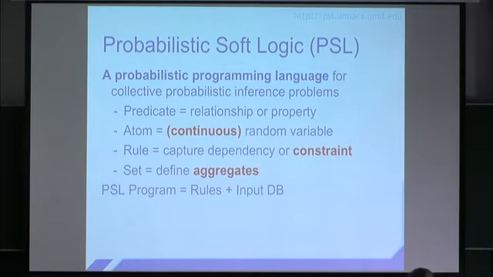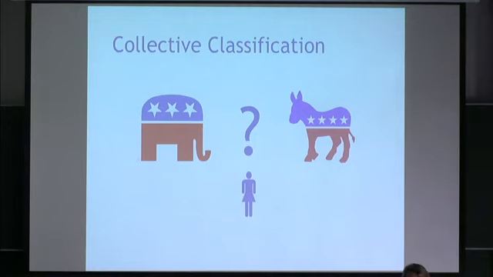But what does it look like intuitively, and what are some of the common kinds of inferences that we want to make? Well, one of the simplest is trying to predict labels for nodes. In this example, I'm sorry, this is US-centric. I should have adjusted this.